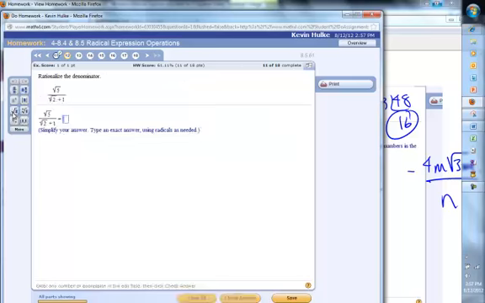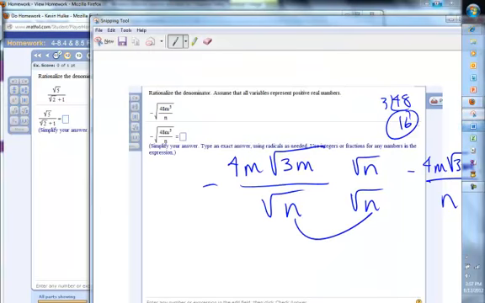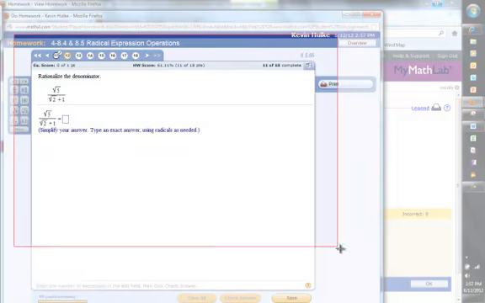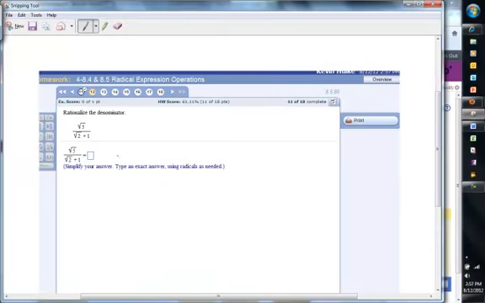Number 12. Now we have to multiply by the conjugates. And the conjugate is always the exact same fraction that you see with the sign changed. Square root of 2 times the square root of 2 is the square root of 4, which is 2. 1 times negative 1 is negative 1. 2 minus 1 is 1.